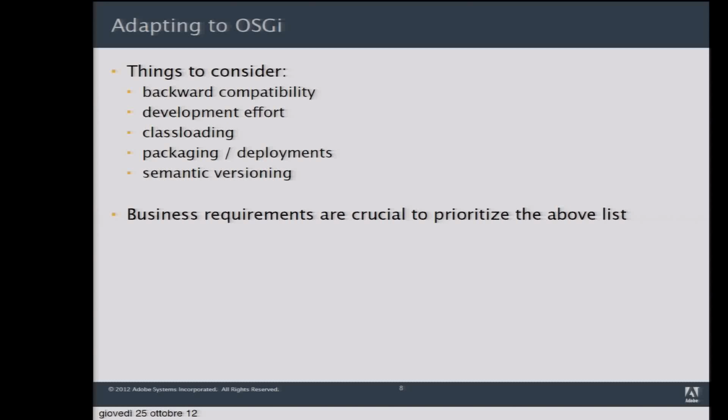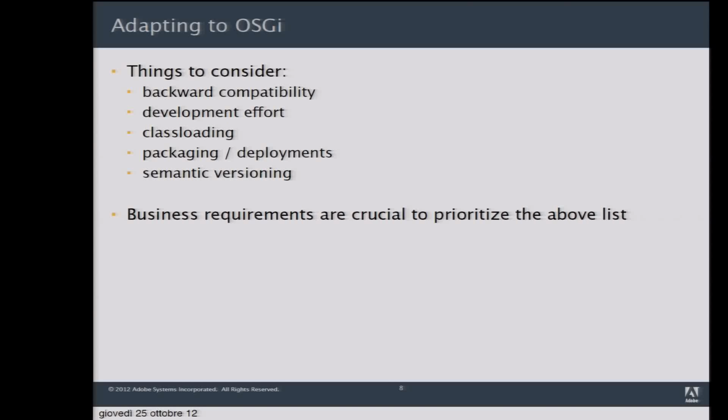So when adapting to OSGI, we need to consider backward compatibility, development effort, class loading, packaging and deployment, semantic versioning at least. But the very important thing is our business requirements, which drive the order on such a list.